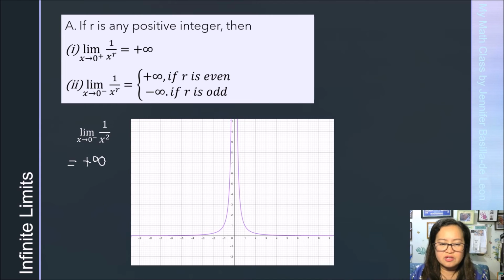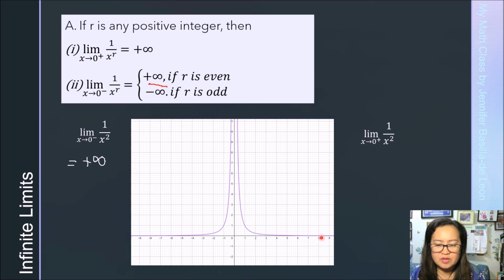Now take a look at our rule. Does it adhere to the rule? Since we have r equal to 2, r is an even number, therefore we will follow this one. Okay, now let's take a look at the limit of 1 over x squared as x approaches 0 from the right.